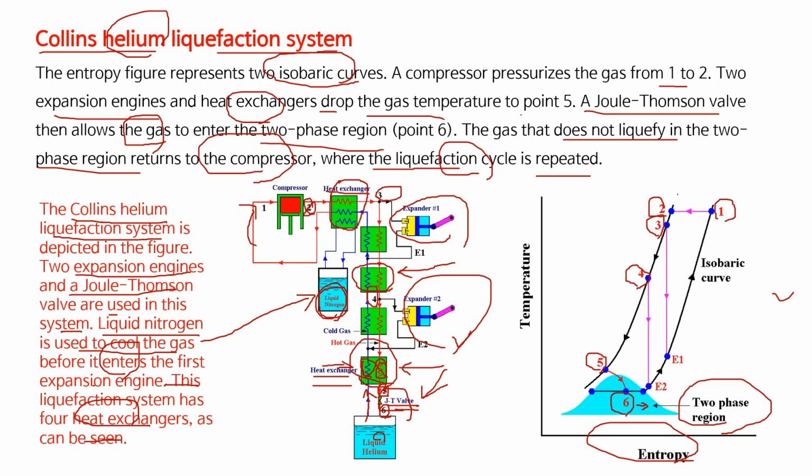So we have to use the expansion engine to lower the temperature below the maximum inversion temperature of these hydrogen, helium, and neon gases. Then finally, by the action of the Joule-Thomson valve, the gases can be liquefied.